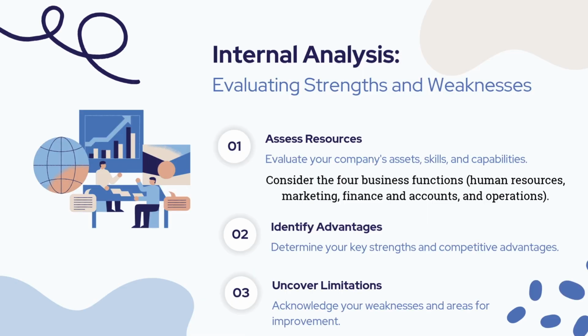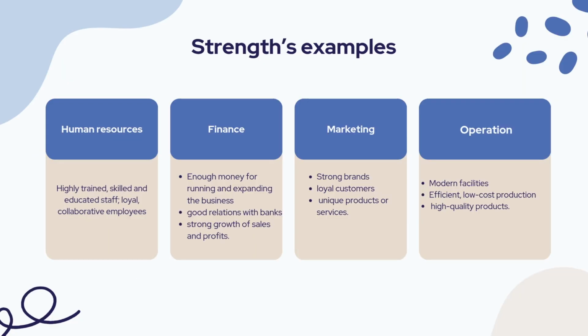So back to here. Here are some examples of strengths based on the four business functions. For human resources, strength examples are that the employees are highly trained, skilled, and educated, and they are very loyal to your business.